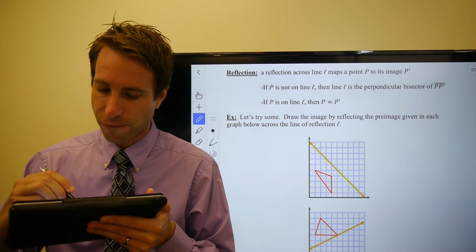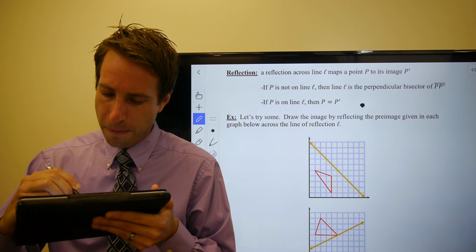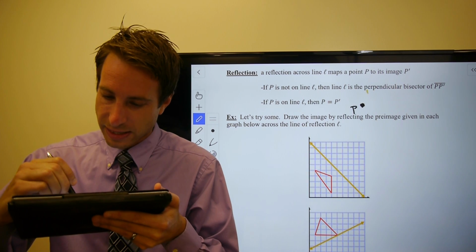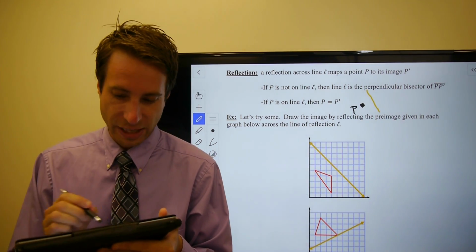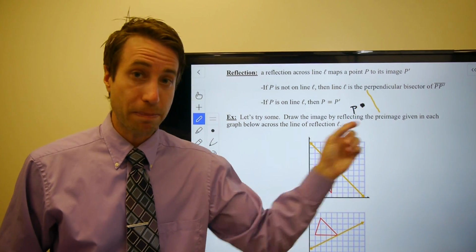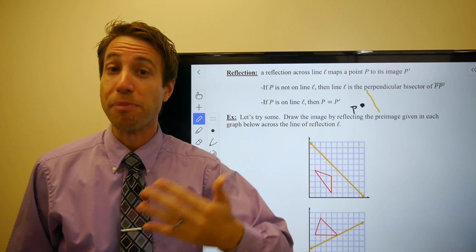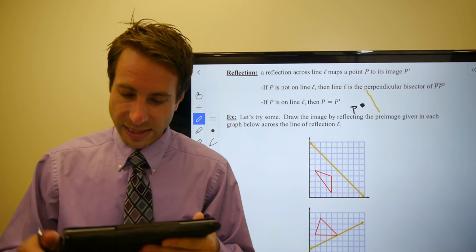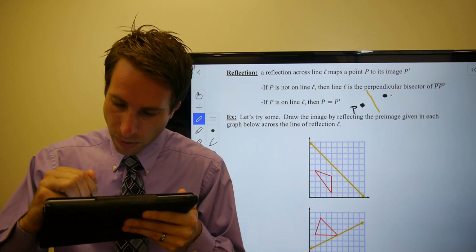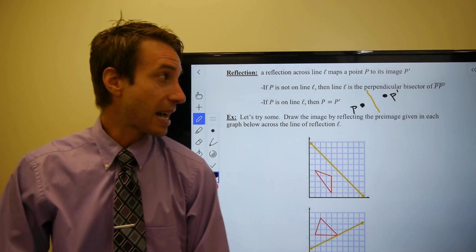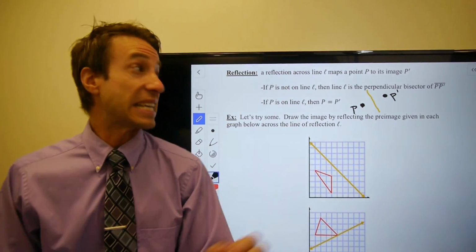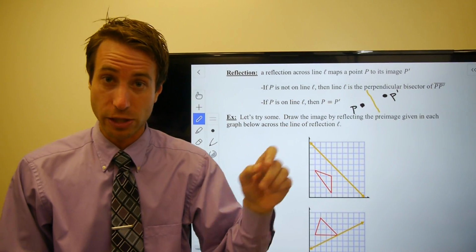If you have some point P and a line of reflection, the image of my point P, which will be P prime, is the reflection across this line. Please forgive me, I am freehanding this, so hopefully it's really close, but here's what all of this is saying to you.